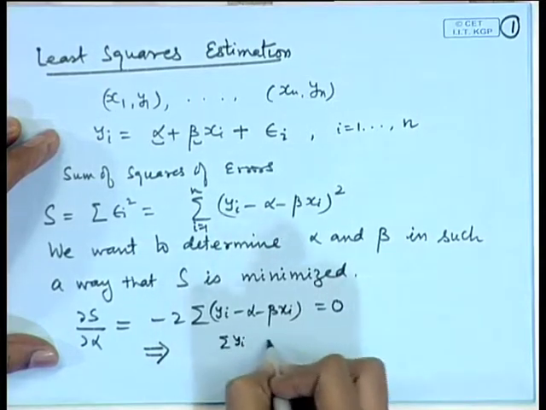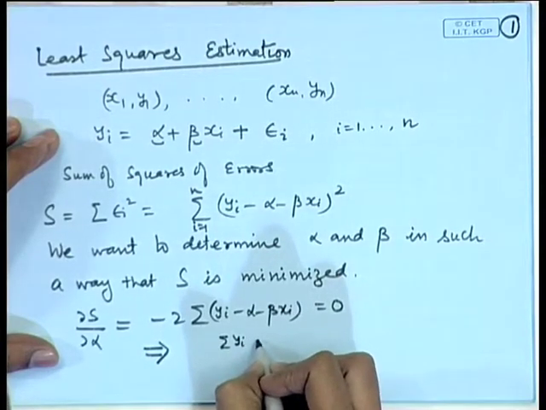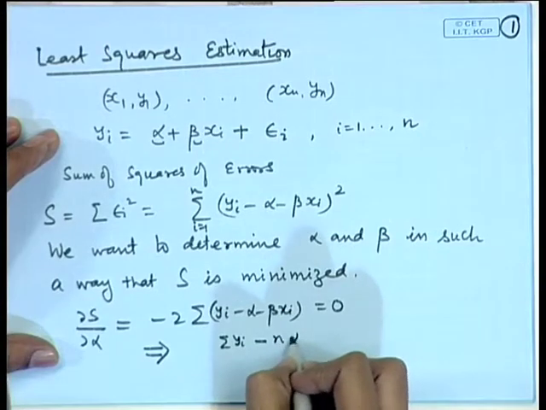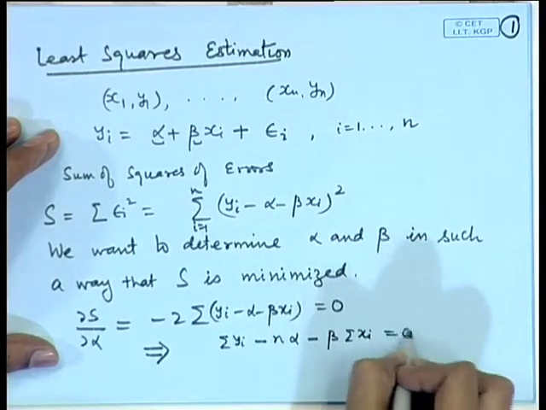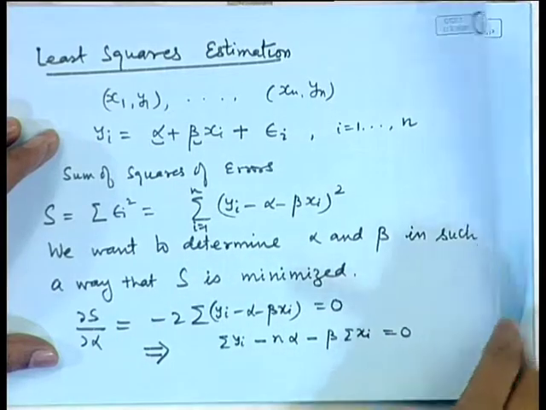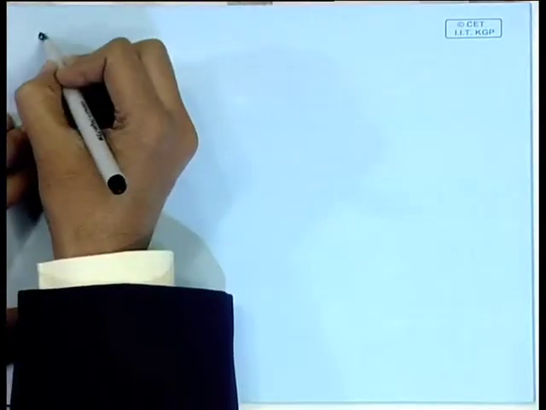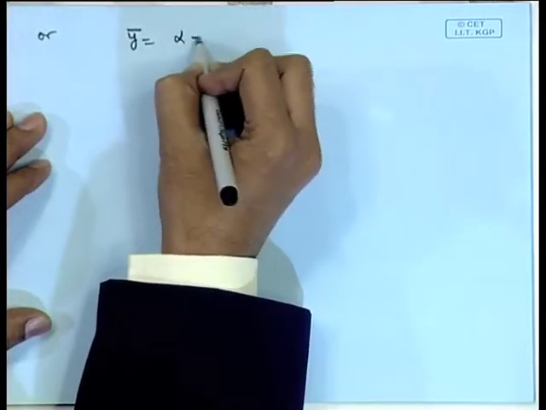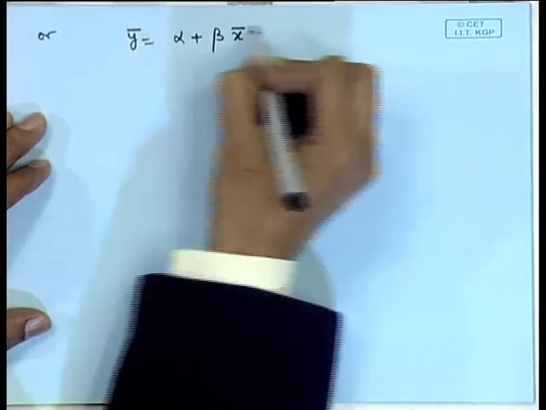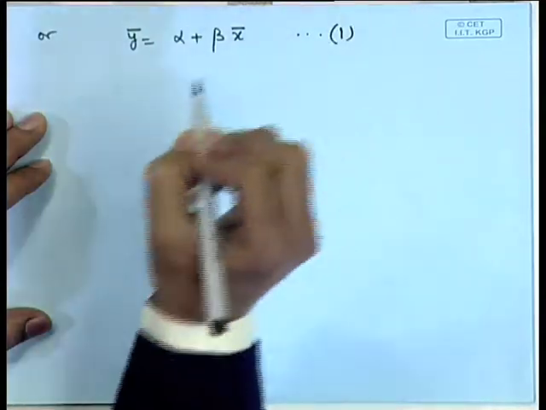sigma y i minus n alpha minus beta sigma x i is equal to 0, or we can write it as y bar is equal to alpha plus beta x bar. That is the first equation.